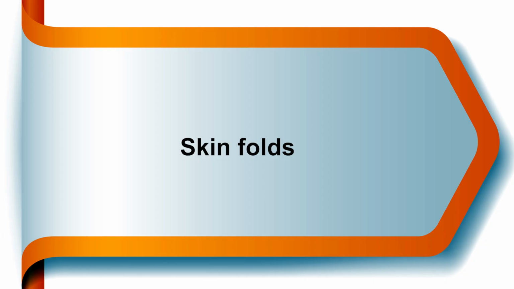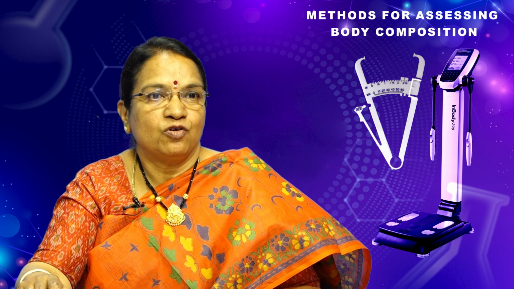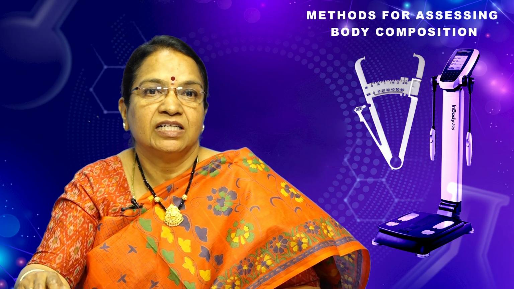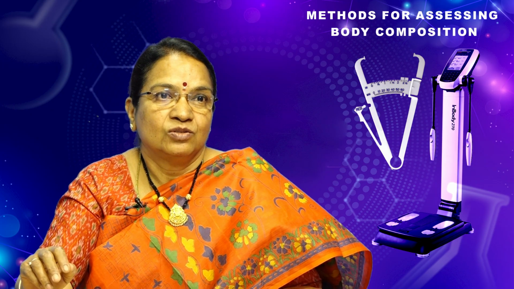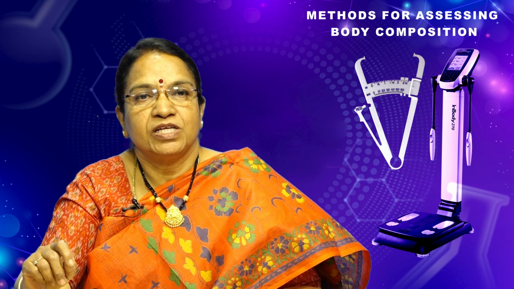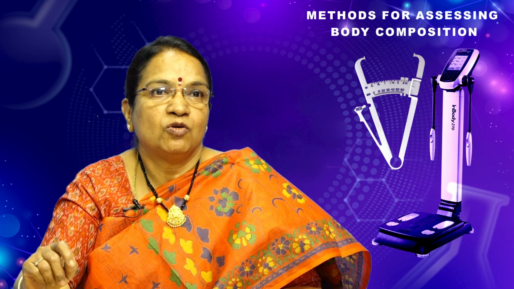Then we have skin folds. Body composition can also be measured using the skin fold test, which is performed using measuring calipers and can be done in 9 steps. Skin fold tests are one of the oldest and most basic ways to measure the amount of body fat one has.